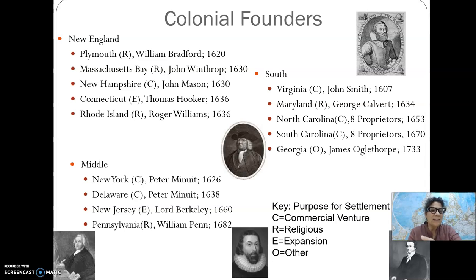Others were for living space or expansionary regions. And yet others, like the colony of Georgia, were penal colonies. The British sent their prisoners there, and that was organized under a man named James Oglethorpe in 1733. So here's a list of all of the colonial founders and the different purposes or reasons for their settlement.